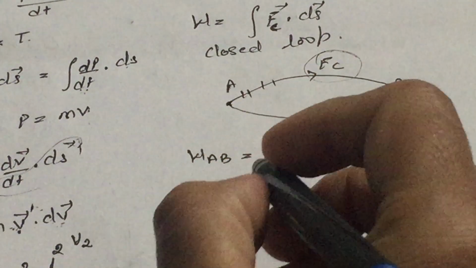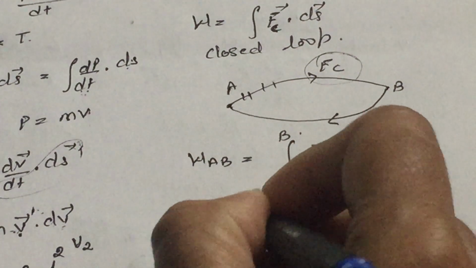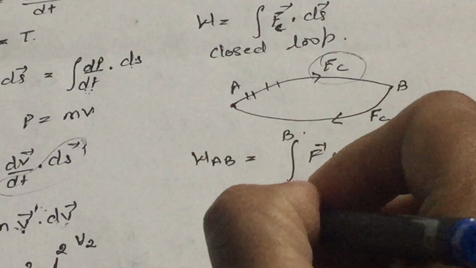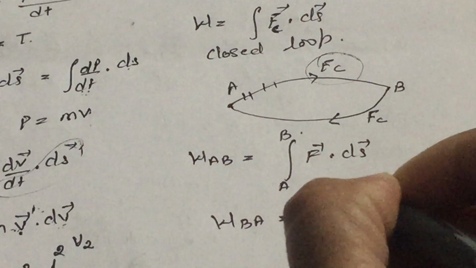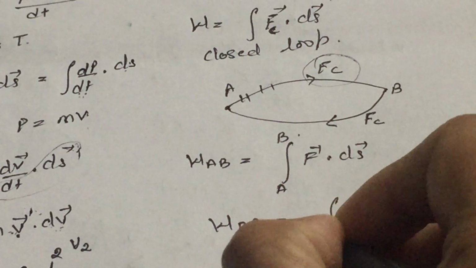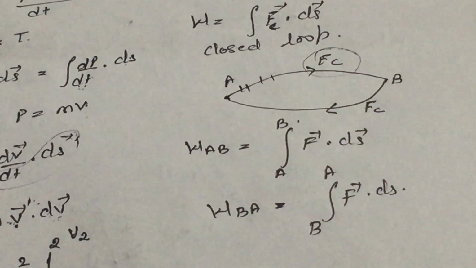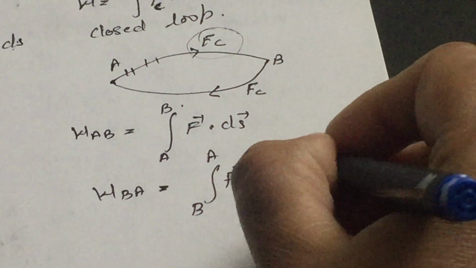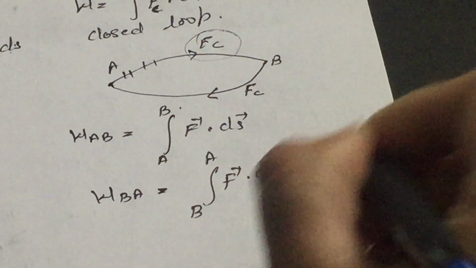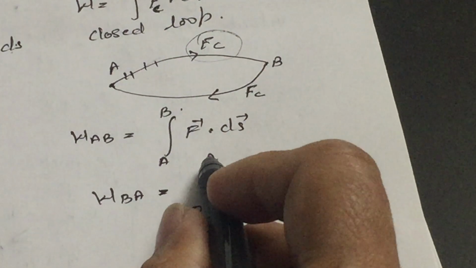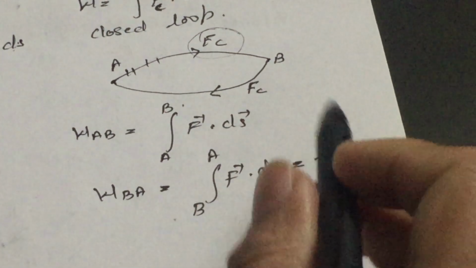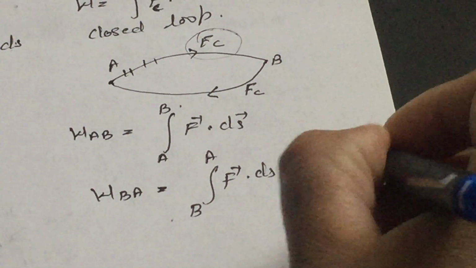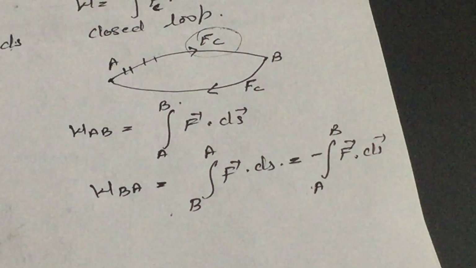Again, if we consider the work done on this body from B to A, it is given by again the integral of F dot ds from B to A. If we interchange the limits, we very well know that if A becomes the lower limit and B becomes the upper limit, we have to change the sign of the integral.